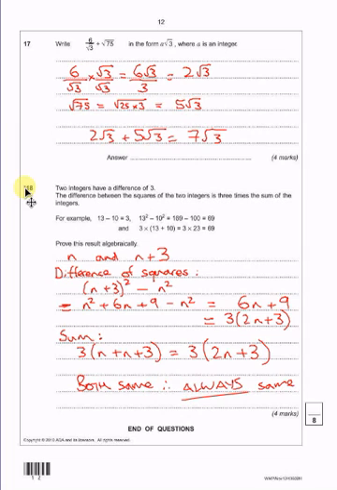First of all, it says 2 integers have a difference of 3. So what I'm going to do is, one is n, and I'm going to let the other one equal n plus 3. If you want to, you could say one is n and the other one is n minus 3. It will get you the same answer. However, I would always prefer a plus 3 to a minus 3 because pluses are easier to play with, technically.